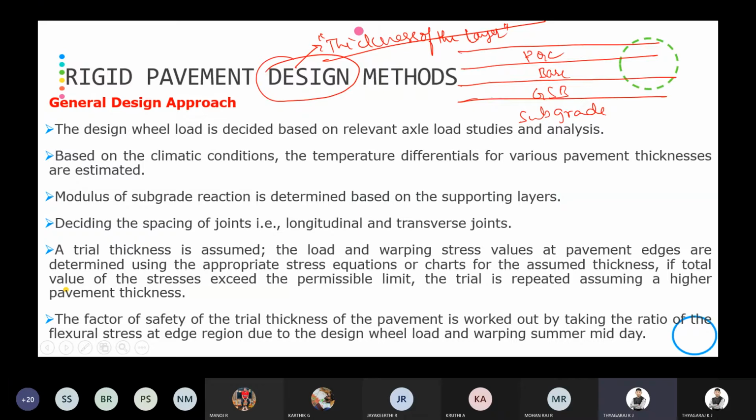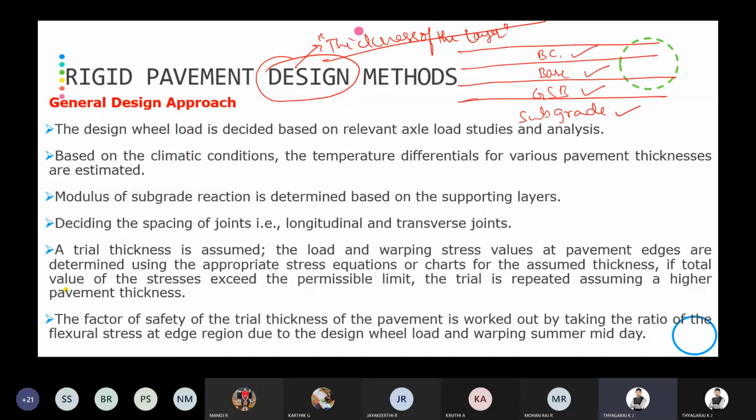In the flexible pavement we determine all the thicknesses: the GSB thickness based on the subgrade CBR value and the given traffic, then the base course thickness for the given traffic and subgrade soil, and then the topmost bituminous layer.